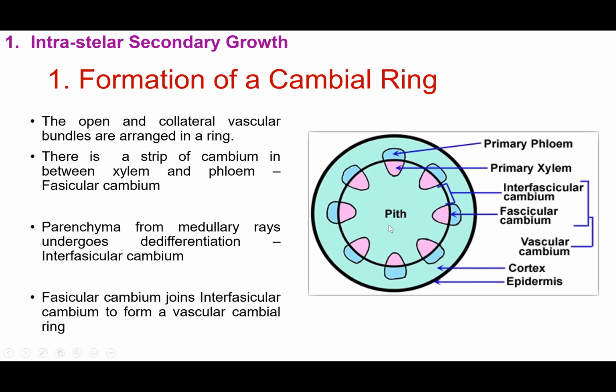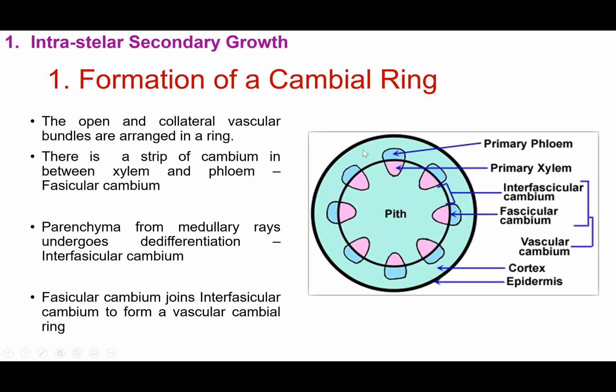We know that this is medulla in between, and the medulla that extends in between your vascular bundles is known as medullary rays. So in the medullary rays, the cells which are present just beside your vascular cambium also undergo dedifferentiation, that is, they undergo a change, and they also form cambial cells.